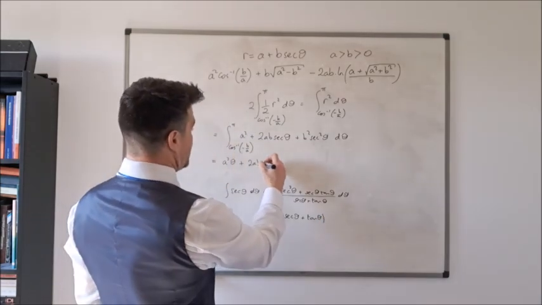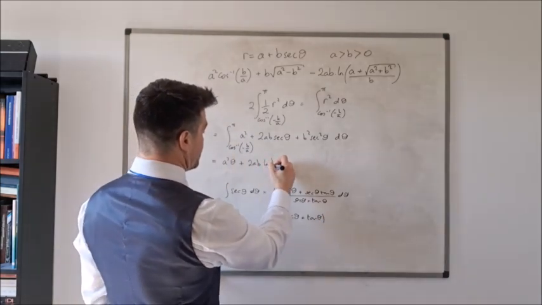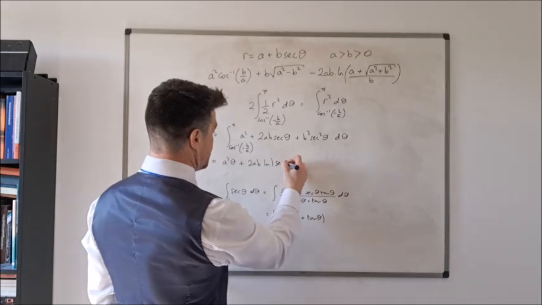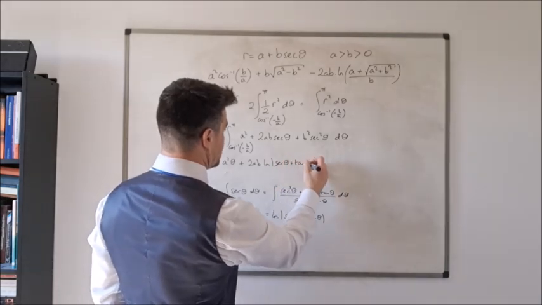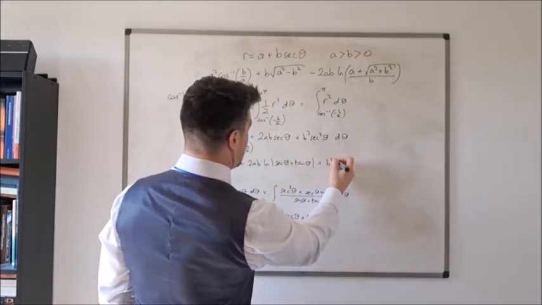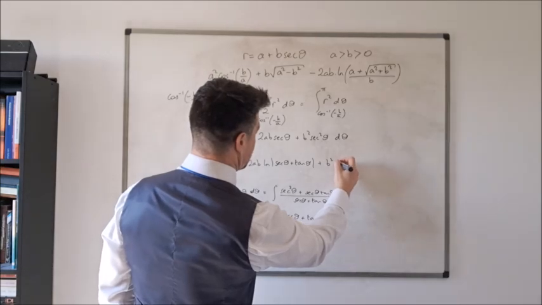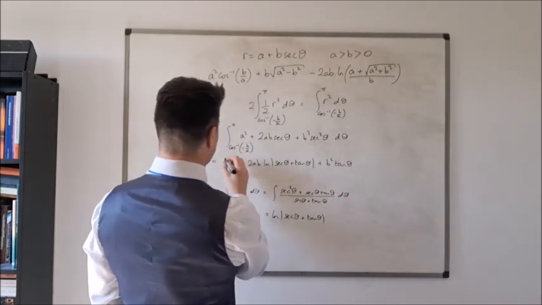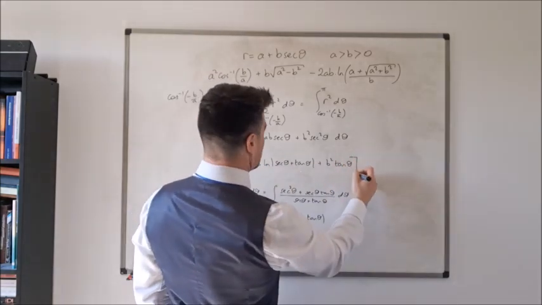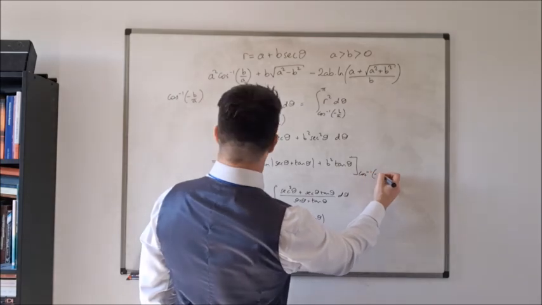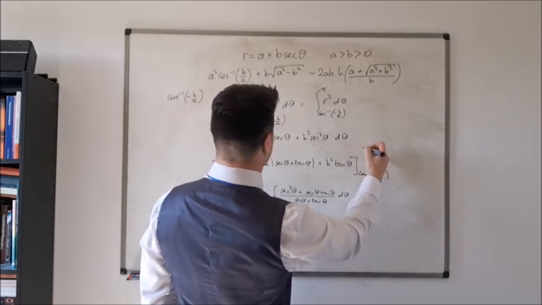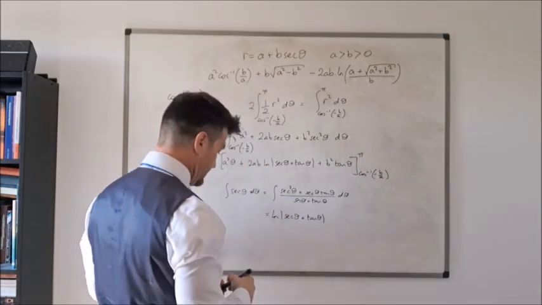So this is 2ab natural logarithm modulus sec theta plus tan theta plus b squared integral of sec squared theta, which is tan theta, and we've got our limits inverse cos minus b over a and pi.